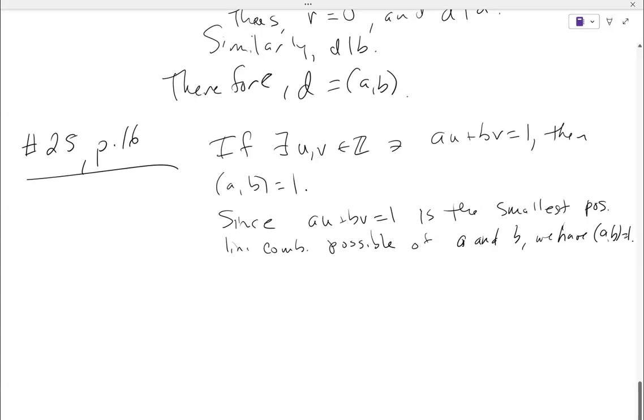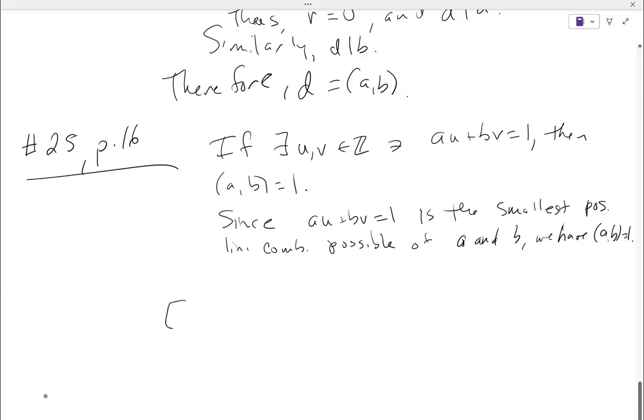Now, this is a special case. The reason why it's a special case is because the linear combination actually is 1. Just because I have a linear combination that gives me a number doesn't mean that that number has to be the GCD. That's actually part B of this.